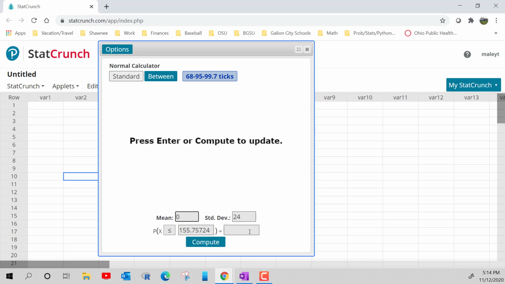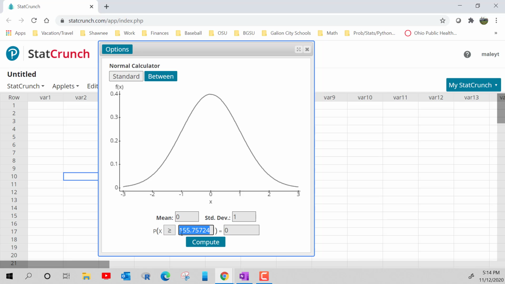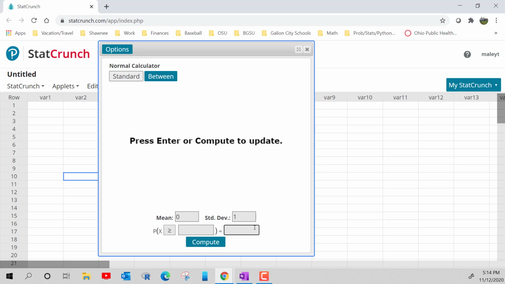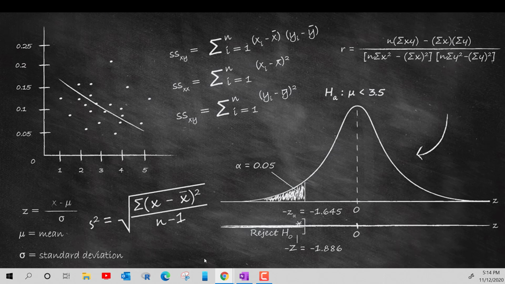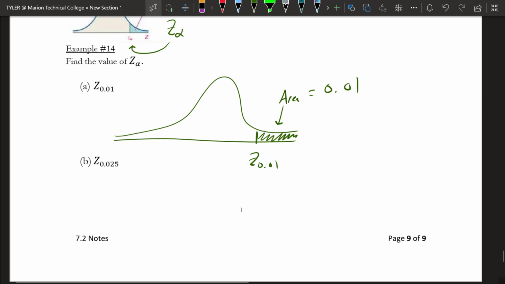I would have a mean of 0, a standard deviation of 1, right, because we're dealing with z-scores. And then I would want this to be greater than, because I'm finding area to the right. And then the area I want is 0.01, right? So if I hit compute, I get a z-score roughly 2.33 if I round to 2 decimal places. So this is equal to 2.33.